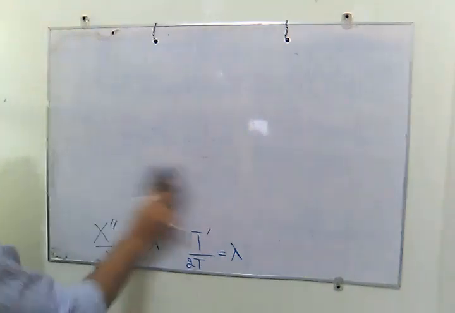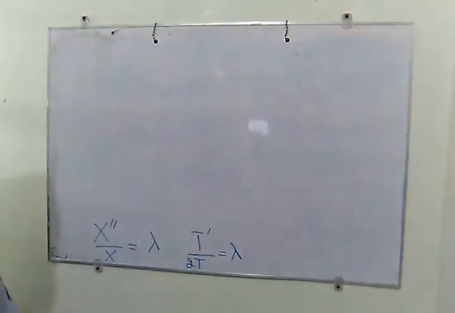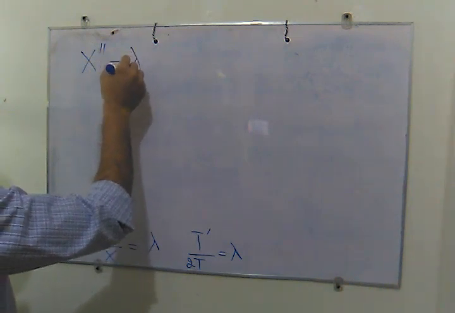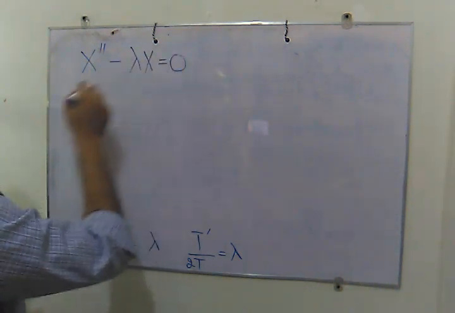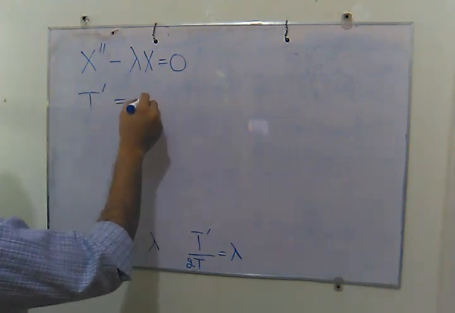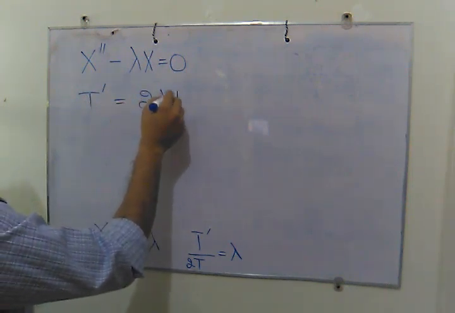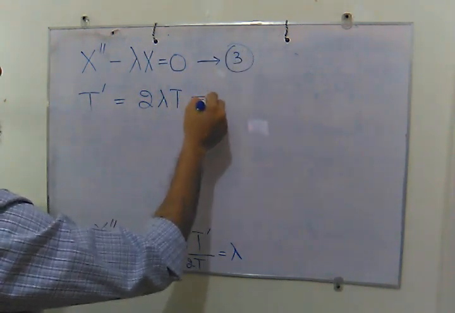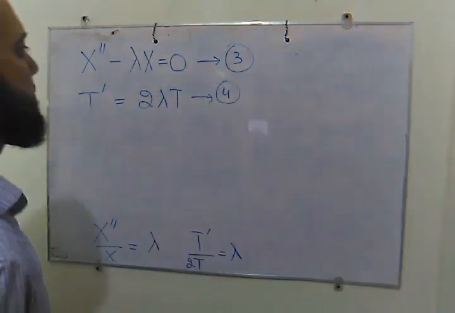X double prime minus lambda X is equal to 0 and T prime is equal to 2 lambda T. We call it equation 3, we call it equation 4.